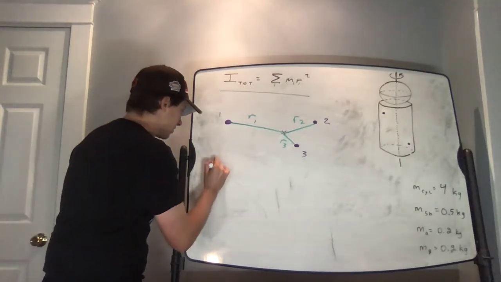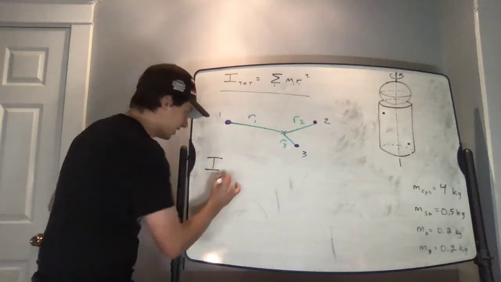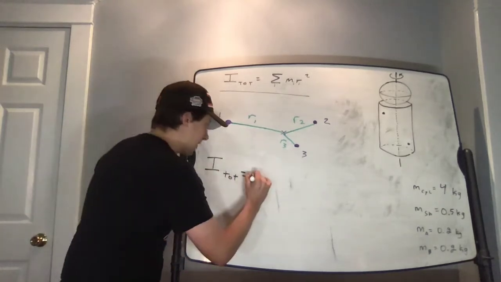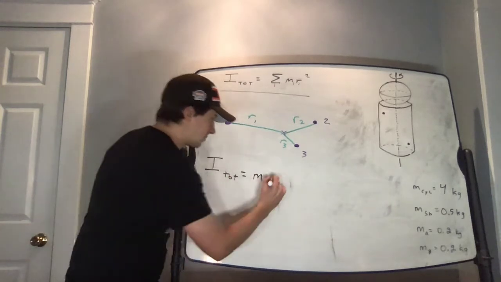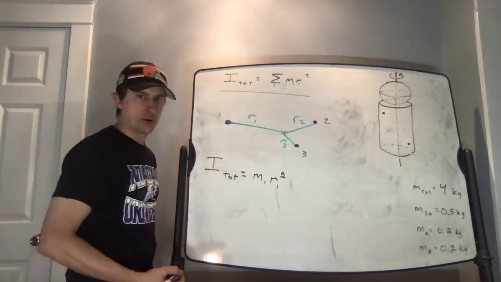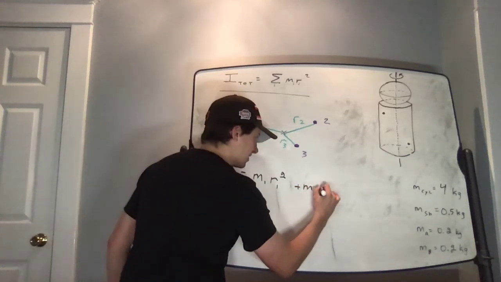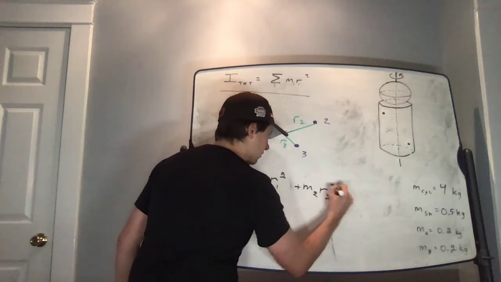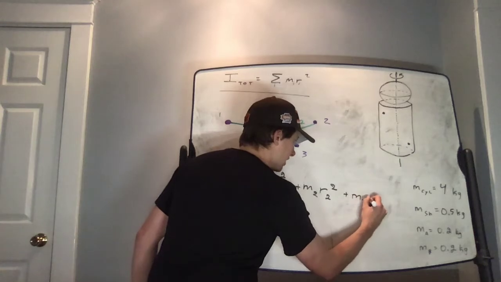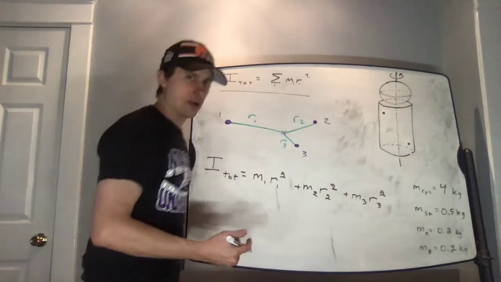So I would write the moment of inertia of my entire system, I total, is equal to the mass of particle 1 times the distance from particle 1 to the center of rotation squared, plus the mass of particle 2 times the distance from particle 2 to the center of rotation squared, plus the mass of particle 3 times the distance from particle 3 to the center of rotation squared.